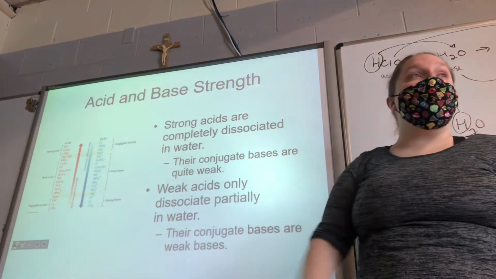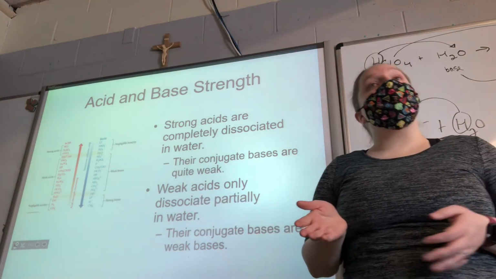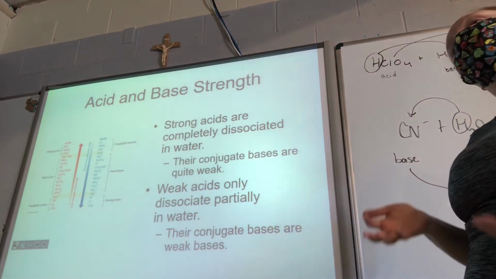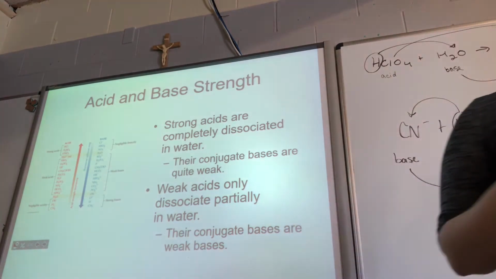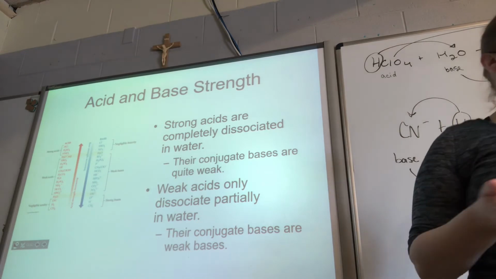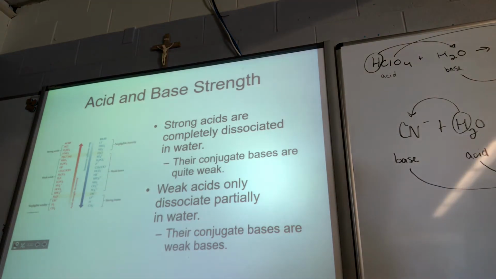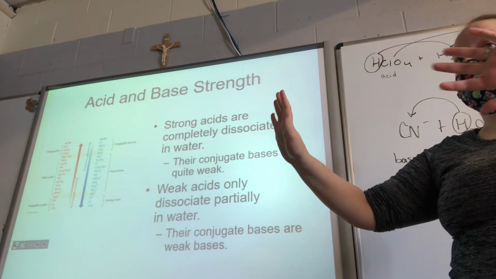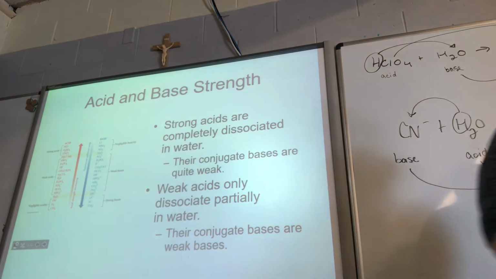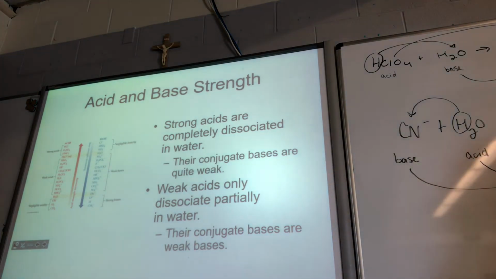Weak acids are only going to partially dissociate. So only some of the weak acid is actually going to give up its protons. Say you put a mole of your weak acid into water. Only some of that mole is going to dissociate, or break apart, into the proton and what remains. Now, since that partial dissociation is a thing, we have a problem.